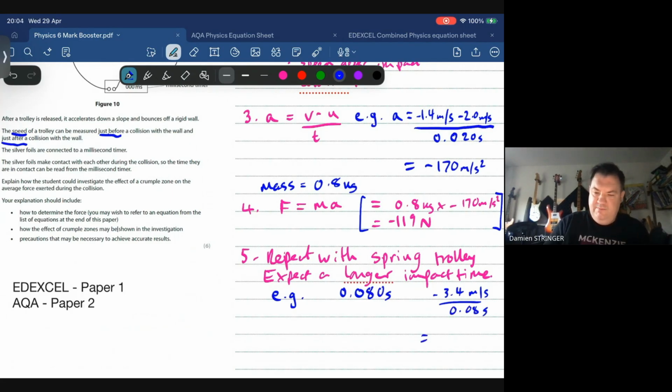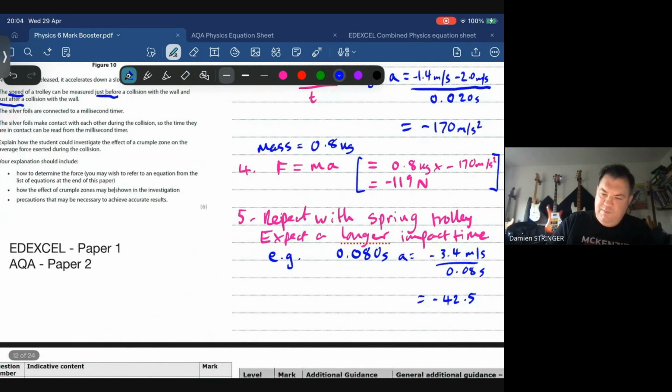What would that give us? Minus 3.4 divided by 0.08, 42.5. And then you would do that times 0.8 kilograms. And that should give you minus 34 newtons. So just by putting the numbers in, you can tell that you get a lower force if it takes longer to be in contact with the wall.